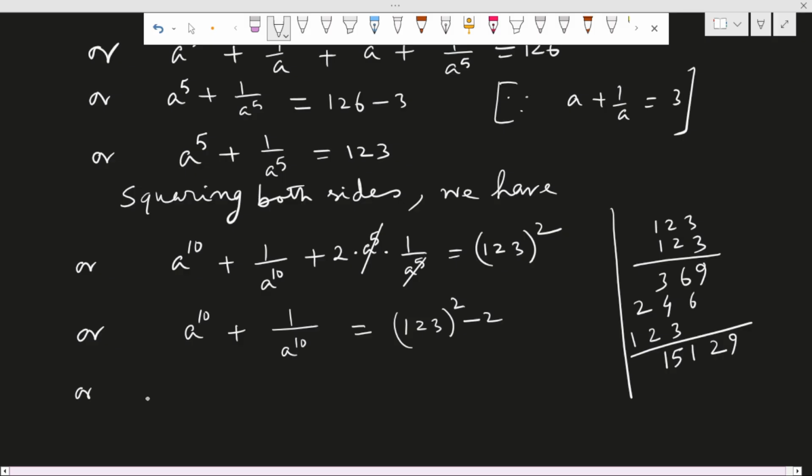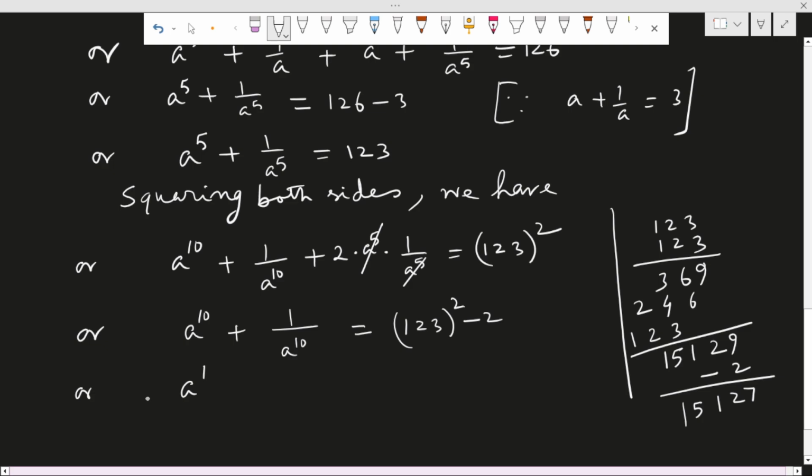Here is doing 7, 2, 1, 5, 1. Therefore, a to the power 10 plus 1 by a to the power 10 is equal to 15127.